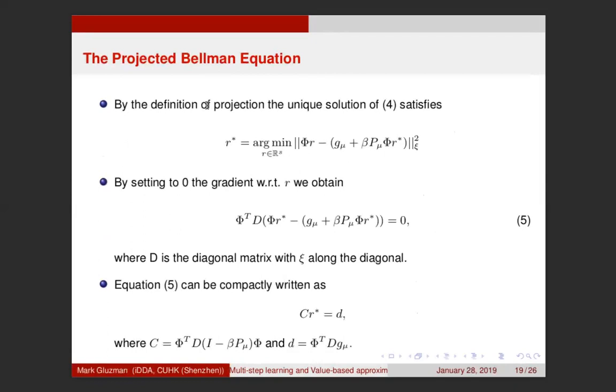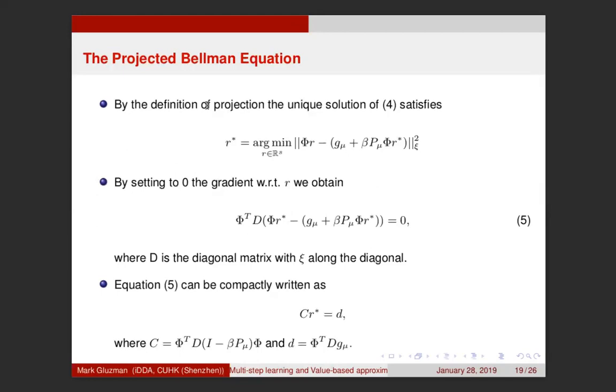This is just the definition of the projection. So we get this optimization problem, and we take the gradient of this optimization problem and set it to 0. So we get a set of linear equations.